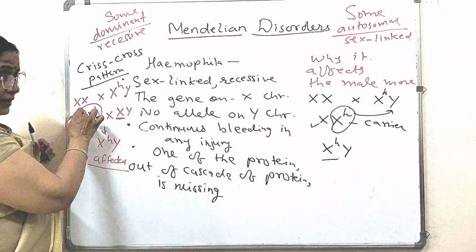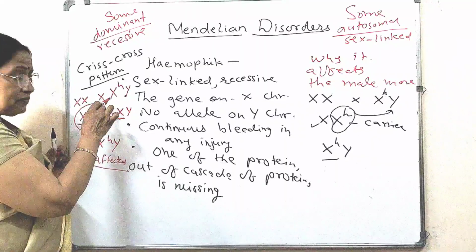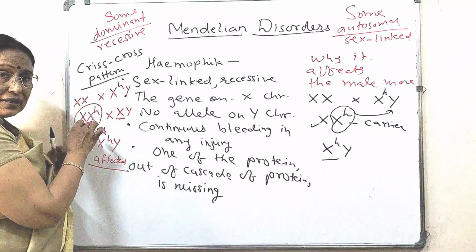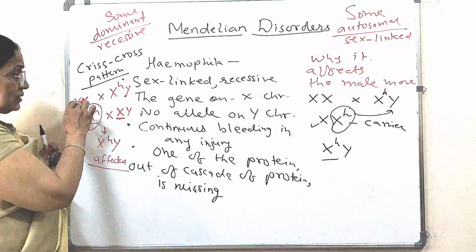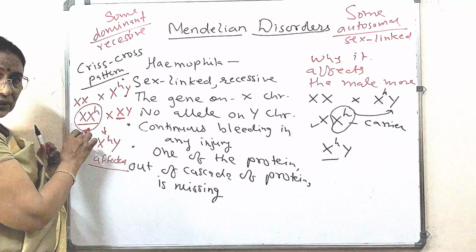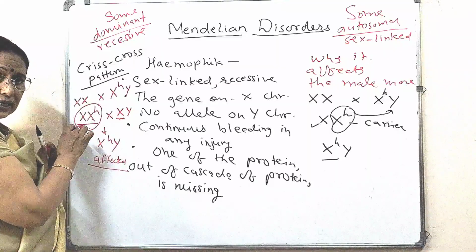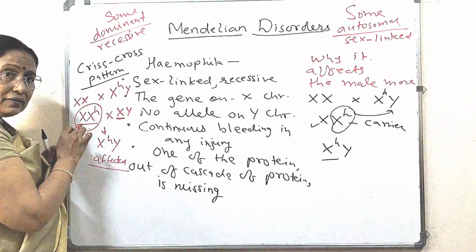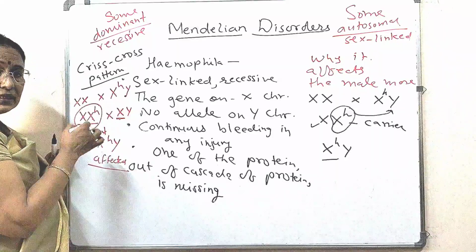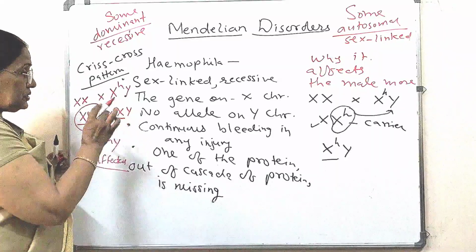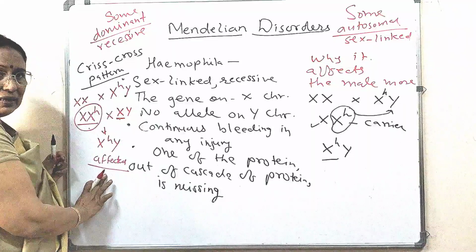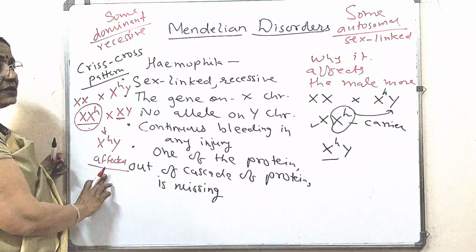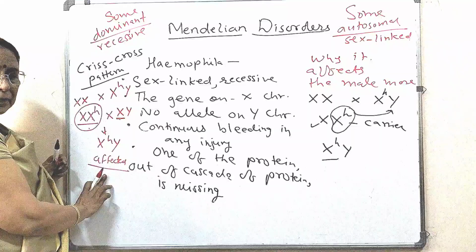In this pattern, in one generation the daughter is the carrier and not affected, and the disease passes to the next generation, the grandson, who is a male. This is called the criss-cross pattern.